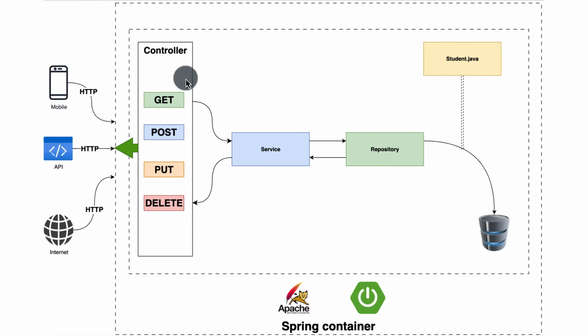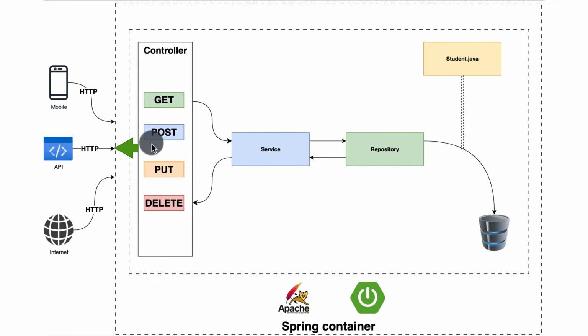Now let's create our first controller. But first, let me give you a brief definition of what a controller is. In Spring Framework, a controller is a component responsible for processing incoming requests from the user and generating a response.